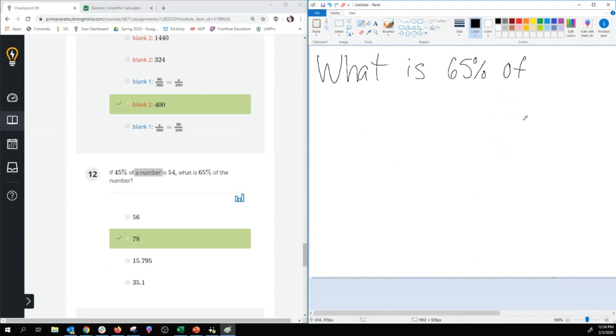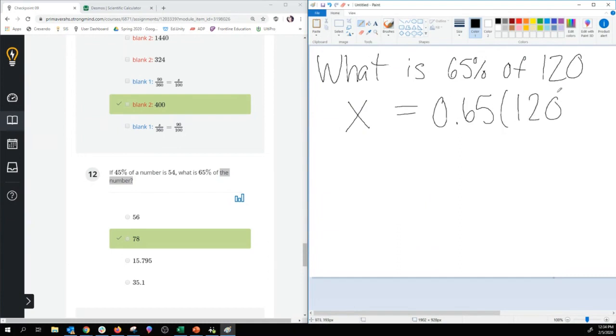Hopefully you guys remember. 120, perfect, of 120, because I know that the number we just solved for was 120. So now this looks like those problems we did at the beginning, where all we had to do is, because what is X? Is my equal sign, 65% as a decimal, and I'm multiplying by 120. So once I figure out what that number is, all I need to do is multiply those.